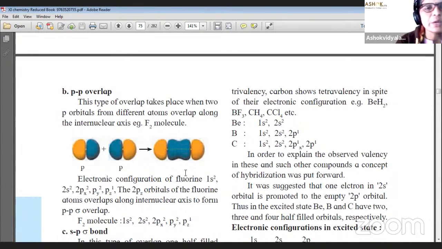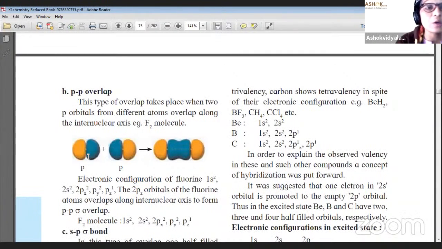It has a single unpaired electron in the 2pz orbital.